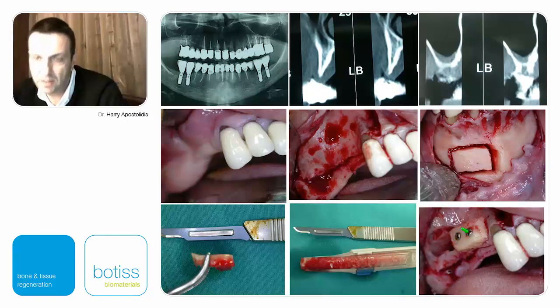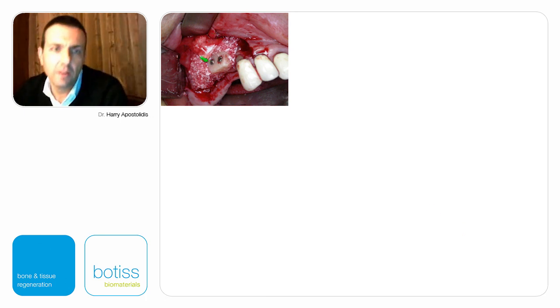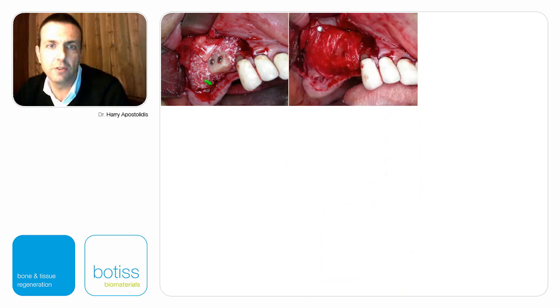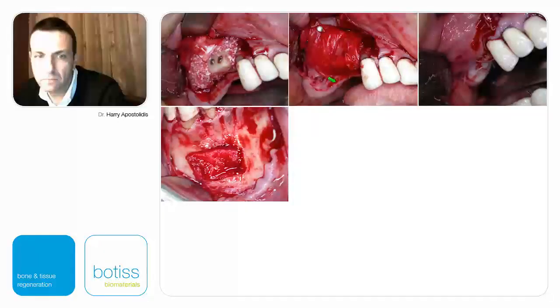And we fixate the bone graft first, and then after we pin the membrane up there, you see the membrane is already fixed. Then we place our particulate part of the graft, a mix of autogenous and xenograft granules, and we suture it under the palatal flap. It's always the same.